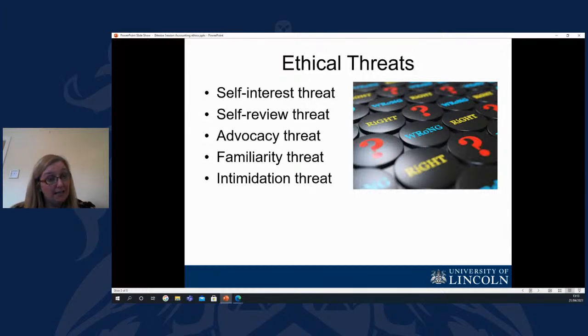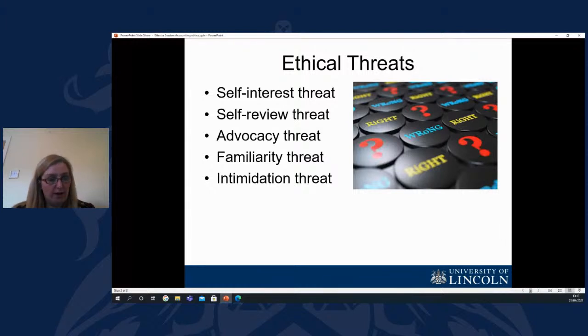But at the same time, you need to kind of assess that balance. And that's something that accountants have really struggled with in the past, is identifying where that line of familiarity actually arises. And there's been a lot of scandals where people have said, well, the auditors were too cozy, or the specialists, the accountants were too cozy with the client. And that's why there's been problems.